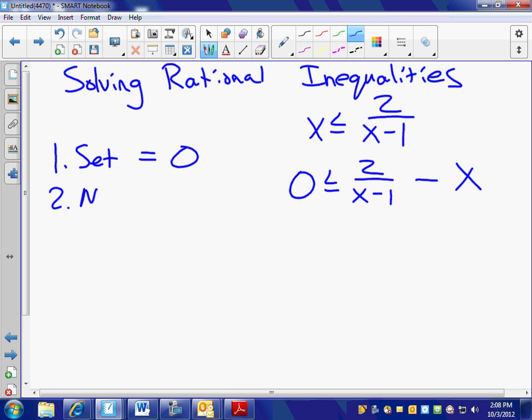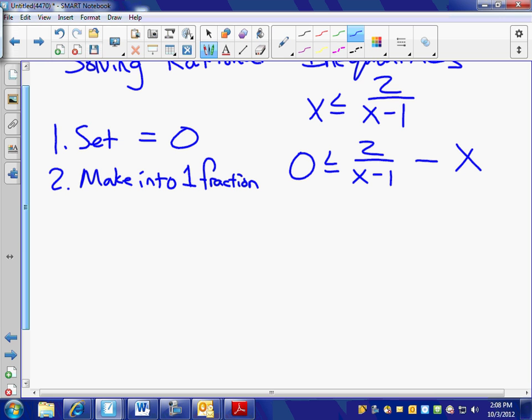Second step is to make it into one fraction. If you want to make it one fraction, what do you got to do? Common denominators, Billy Barbers. Super smart. Multiply top by x minus 1, bottom by x minus 1. Beautiful. So that's going to give me 0 is less than or equal to.